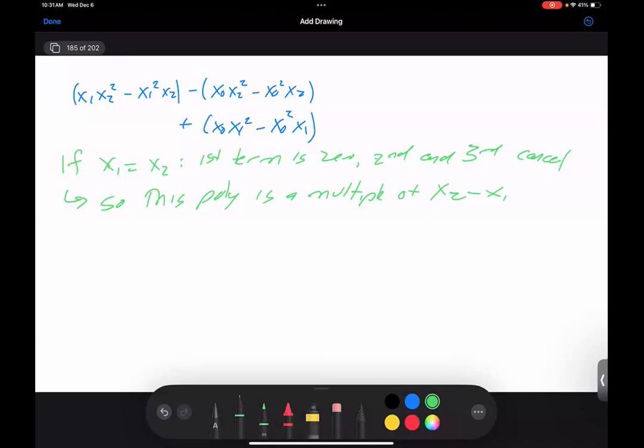Well, because we know that this is a polynomial. And we know now that if x2 equals x1, we get 0. So this has to be a multiple of x2 minus x1, because no matter what x1 I take, if I take x2 to be x1, it's got to be 0. So that means this has to be a multiple of x2 minus x1. What else do you think it has to be a multiple of?